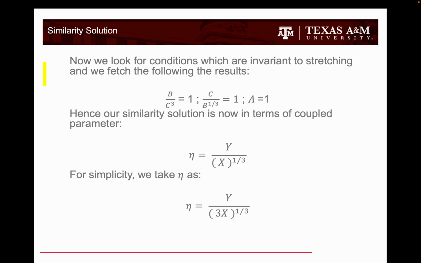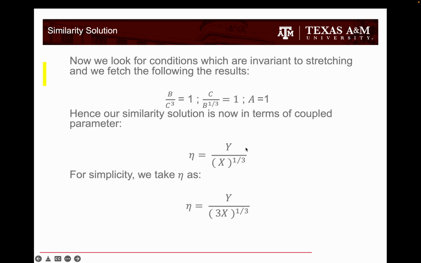Now we look for the conditions which are invariant to stretching and get the values for B upon C cube and C, which can be again written as C over B to the power 1 by 3, to make sure that all the complexities go to the independent variable which has least complexity, and we get A equals to 1 from the boundary conditions.